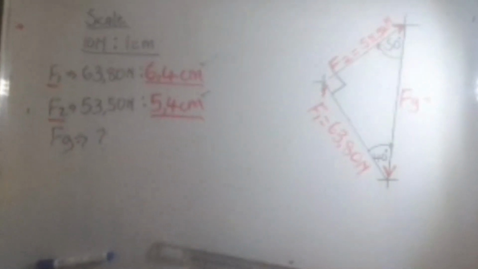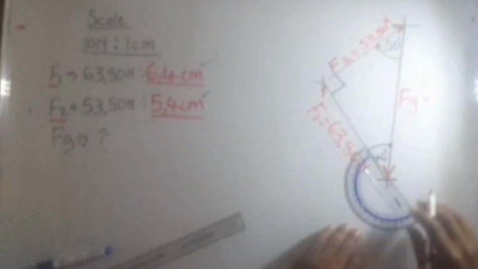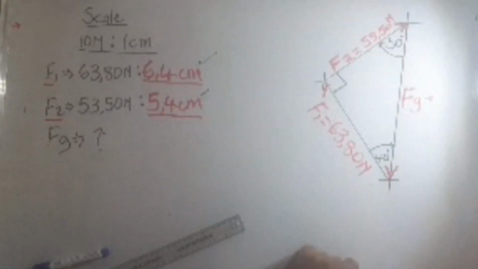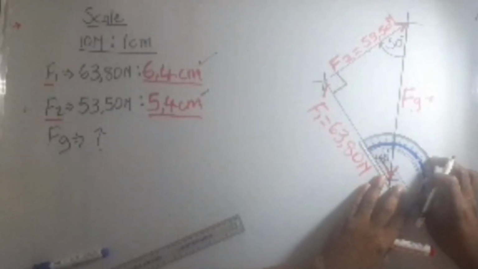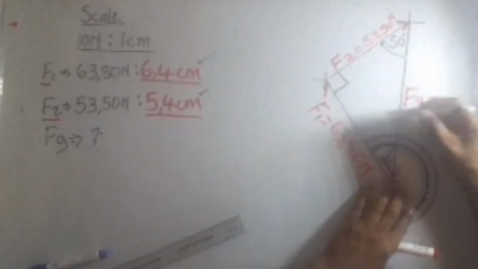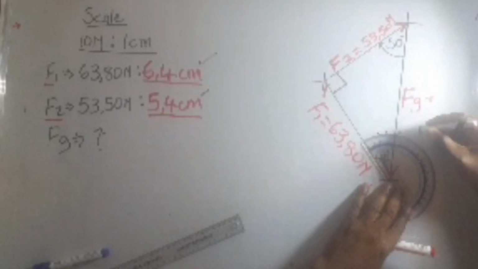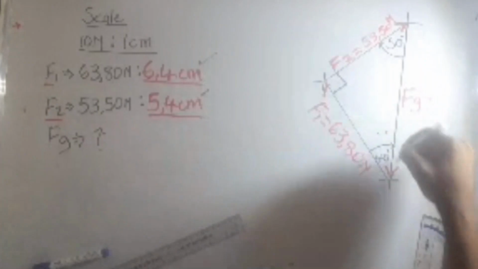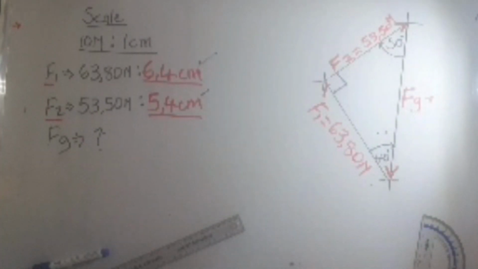We can verify this one. That's 10, 20, 30, 40. Yeah, it's 40 degrees. That's how we get our FG.